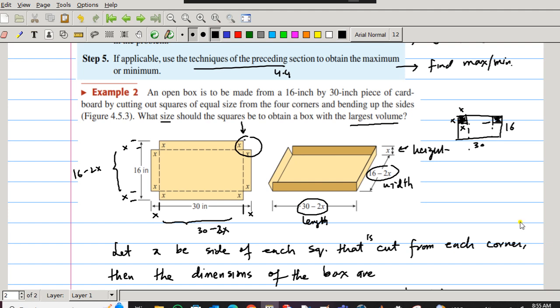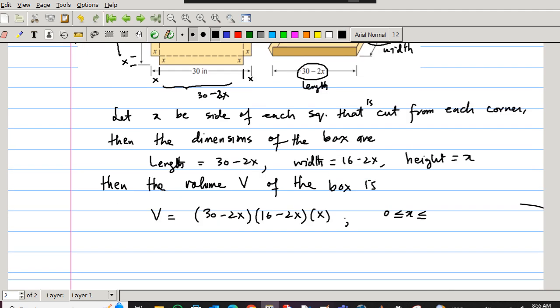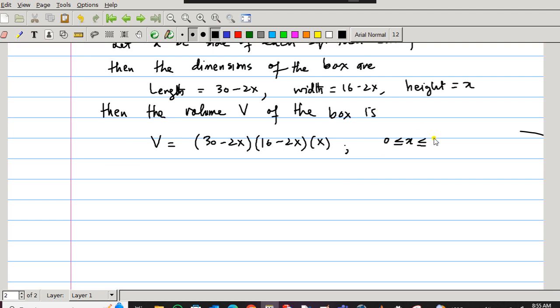So your x can be as large as 8. This 8 comes from 16 divided by 2, the smaller of the sides. Don't take the length, take the width and divide it by 2. Why do we divide it by 2?